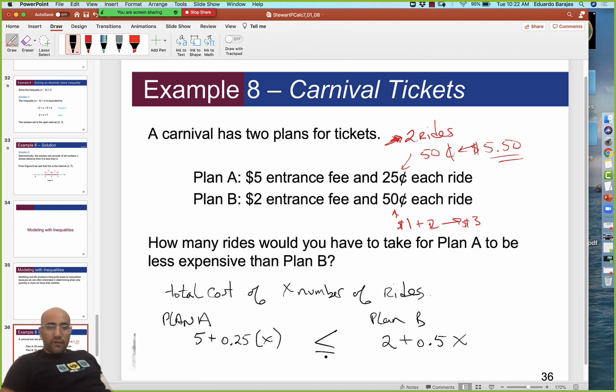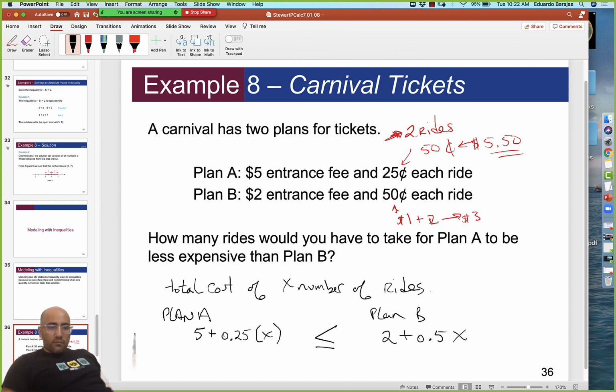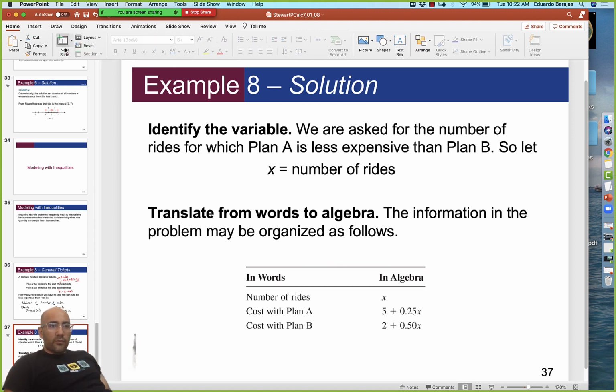That should be fairly easy. Okay, so X is the number of rides. Under Plan A, it's 5 plus 0.25X. Under Plan B, it is 2 plus 0.5X. So that's the inequality we need to solve.